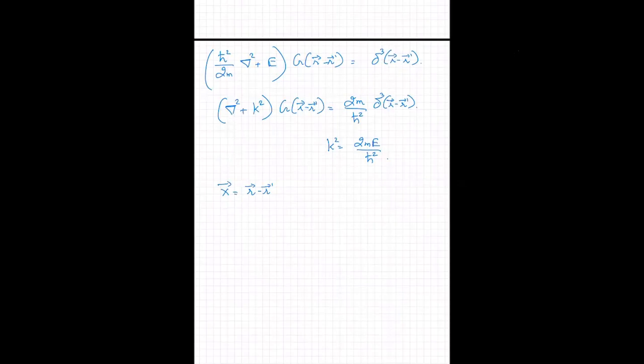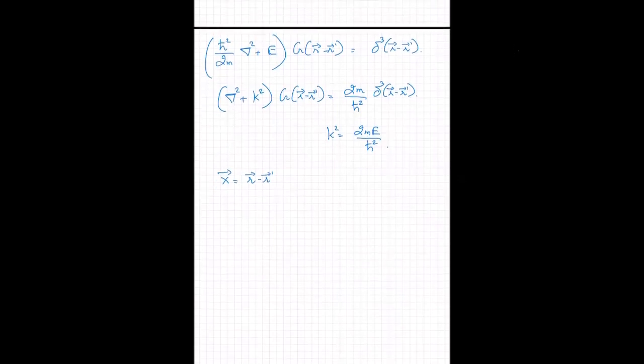Let me write down the Fourier transform and inverse Fourier transform without much ado. So G of Q is the inverse Fourier transform.